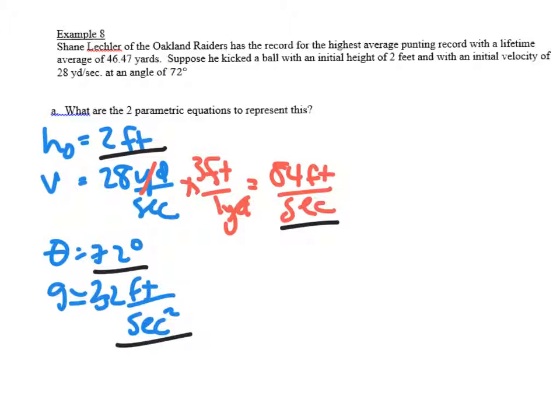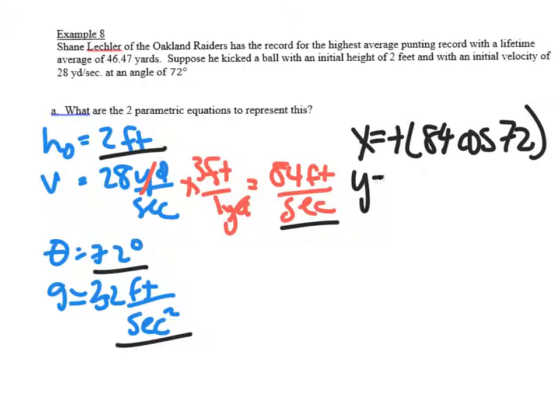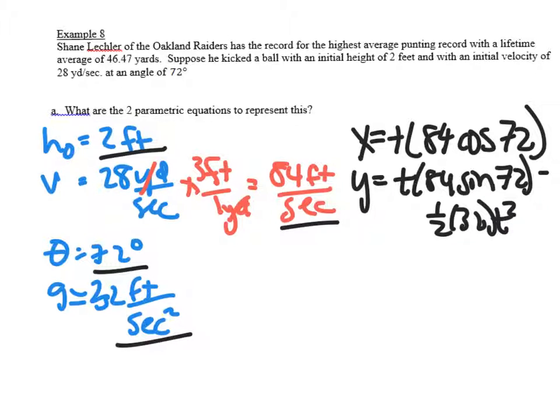And I'm going to plug them in, and I'm going to get x equals t times my velocity times cosine of my angle, and y equals t times 84 sine of my angle minus 1/2 times 32 t squared plus my original height.